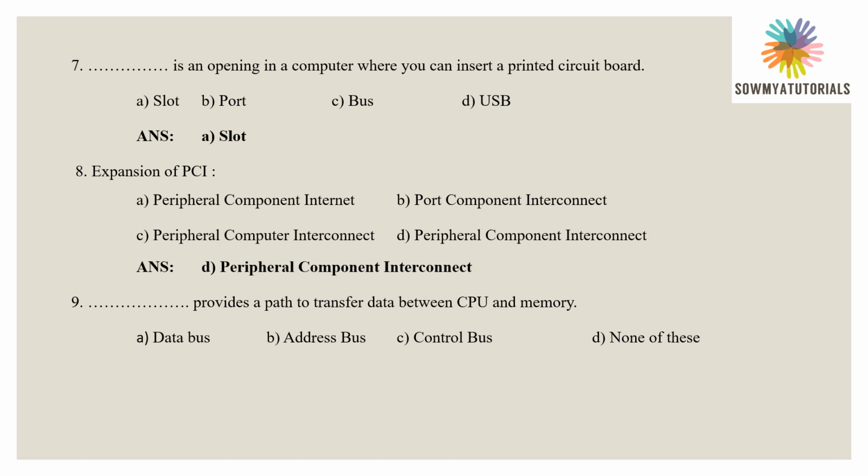Option B, address bus, connects the CPU and RAM with a set of lines of wires, similar to a data bus. Then the control bus is used to control access to and the use of the data and address lines. Which one is the correct answer? Option A, data bus, provides a path to transfer data between CPU and memory.